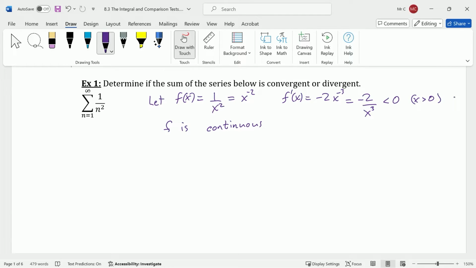Now what I need is some integer point, and we need a closed interval. So this is stronger than what I'm about to write. I can say definitely f is continuous and decreasing.